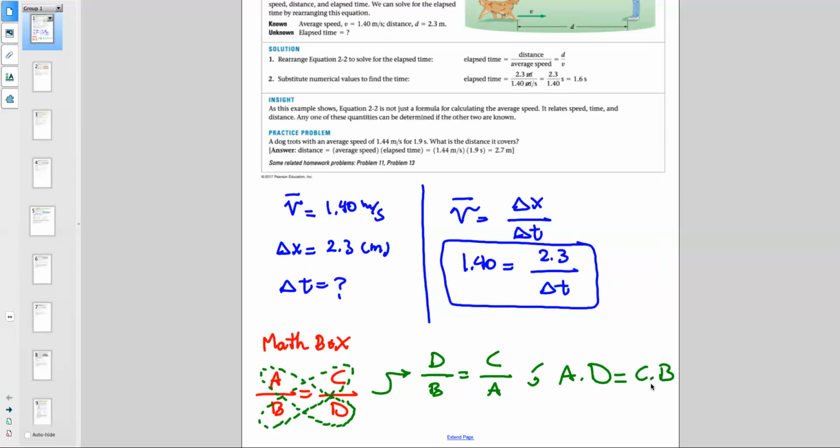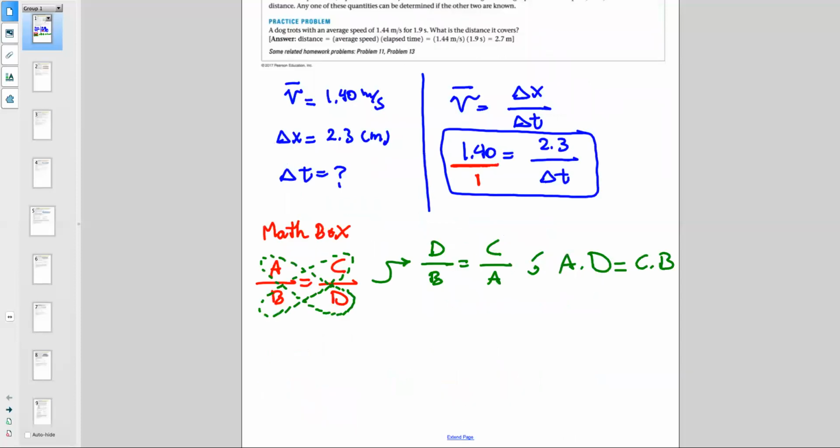Okay, and these two are in our benefit. Take a look at what we have here. I have 1 here at the bottom, right? 1.40 over 1 equals 2.3 over delta t. And if you're looking, this is the exact same configuration that we have here. So now I can solve it for delta t. All I need to do is this.